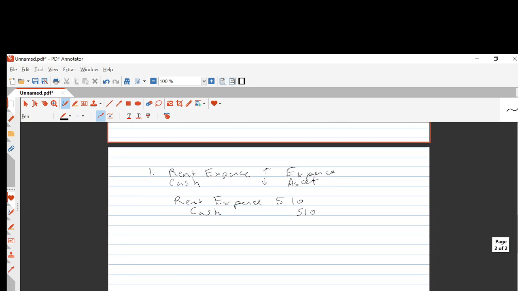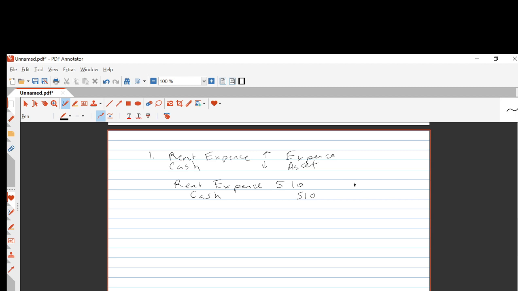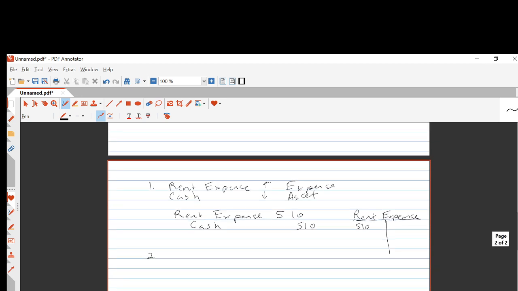And then rent expense now is a new T account we have after this transaction. And it has $510 in it. This account didn't exist before this journal entry. But after this journal entry, we now have this new account on the books.